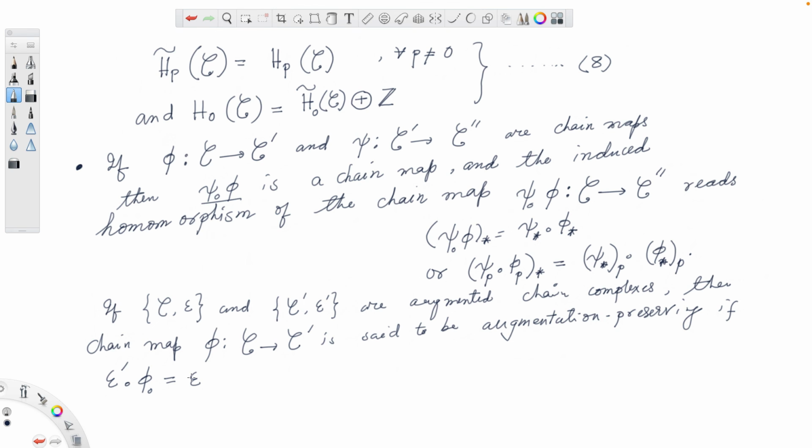Okay, so in other words, we have the following commutative diagram.